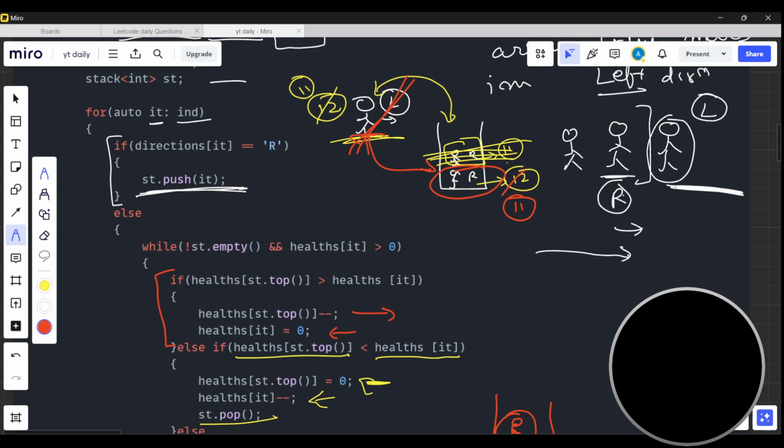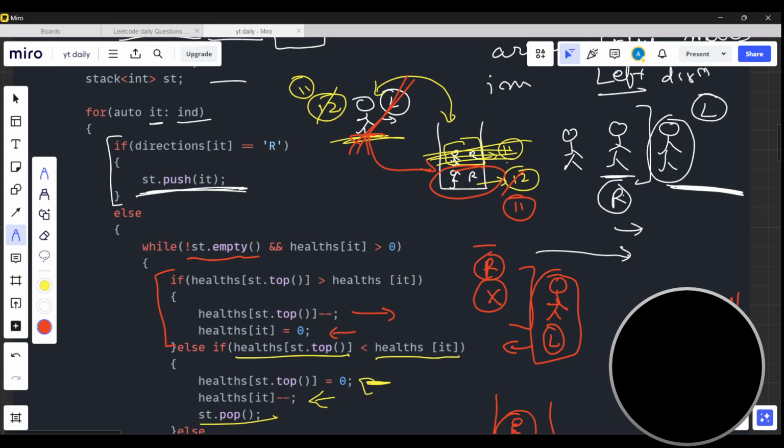The reason is for sure, if the robot is moving in left direction and there is no previous robot which is moving in right direction, that simply means my stack is empty. So it will never collide.